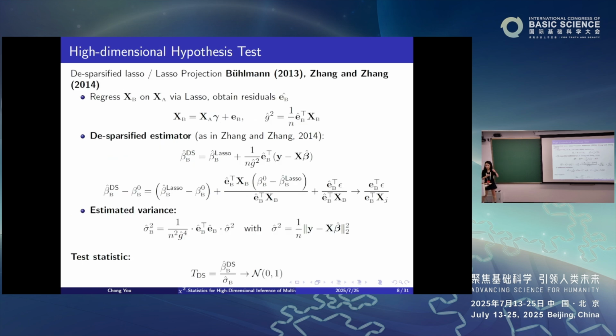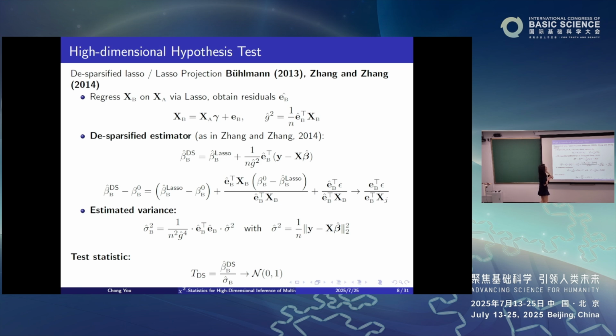The second one is the desparsified Lasso, also called Lasso projection. Different from PDS, which reduces the dimension of XA directly, what they did here is slightly different. They still put XA and XB together to do a Lasso regression.